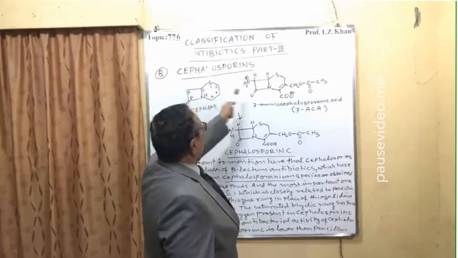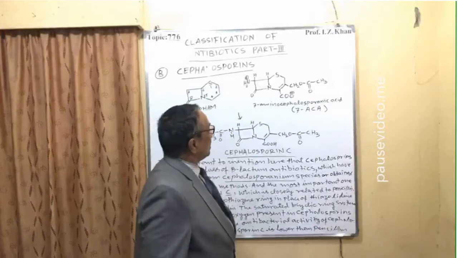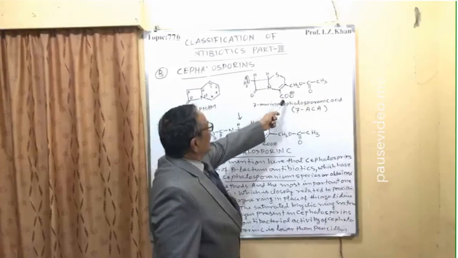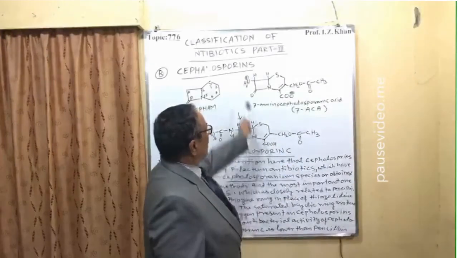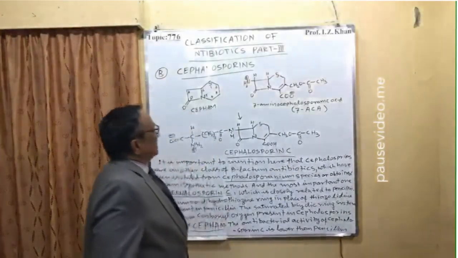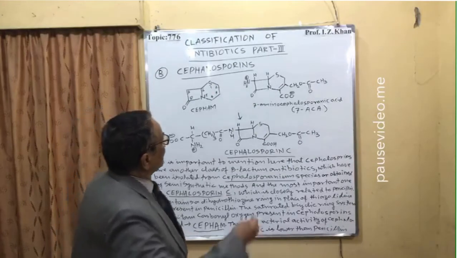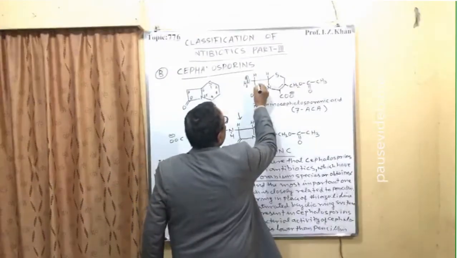At the 7th position there is an amino group, and at the 4th position there is COO minus, they are polarized, and this is called 7-amino.